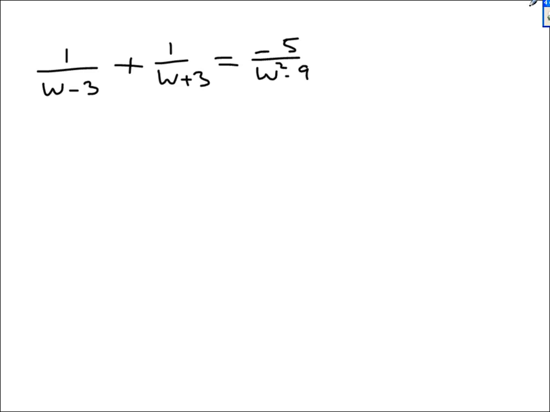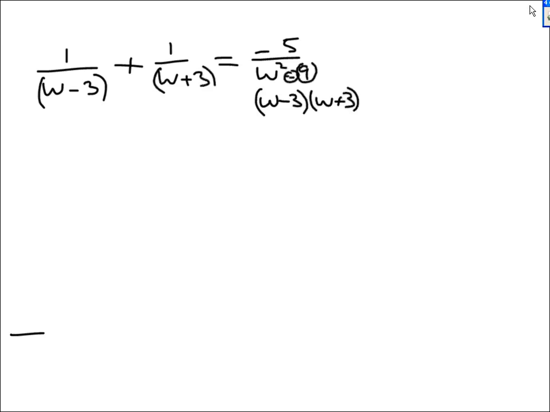So we want to multiply by the LCD. This W minus 3 cannot be factored any further. Same with this. But 9 is the same as 3 squared. So you have w squared minus 3 squared. W and 3 are being squared with a minus in the middle of them. So you can factor that.